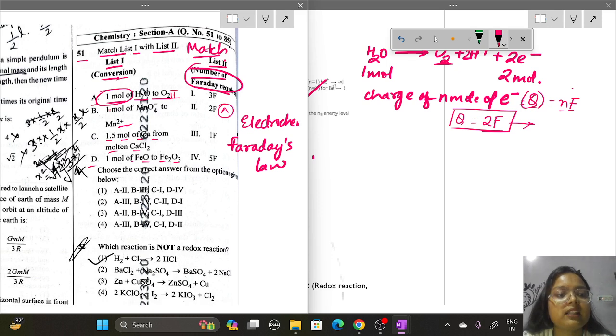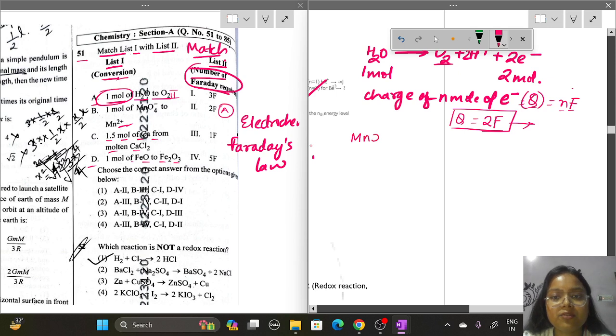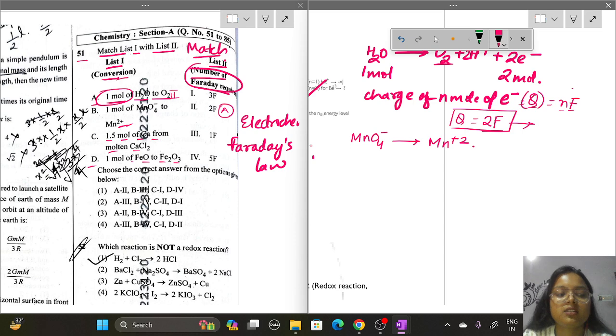Next is B, 1 mole of MnO4 minus to Mn plus 2. How many electrons are involved in this reaction? You can balance the equation: 5 electrons are involved.